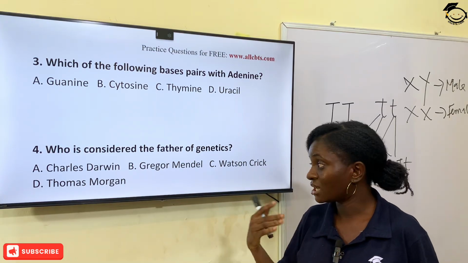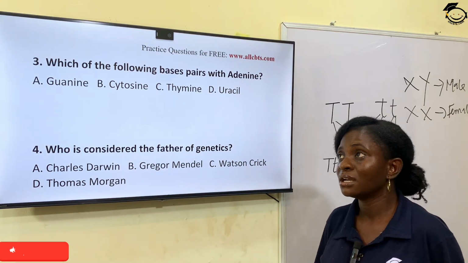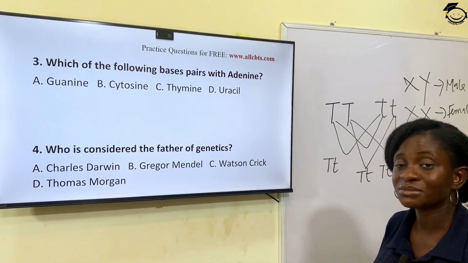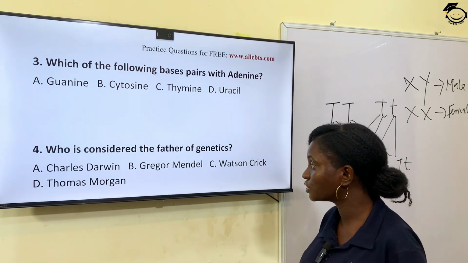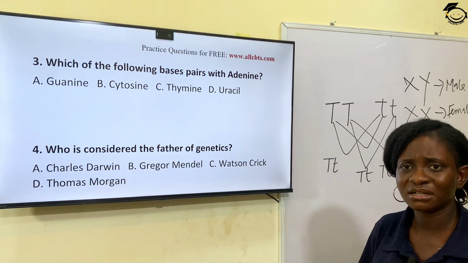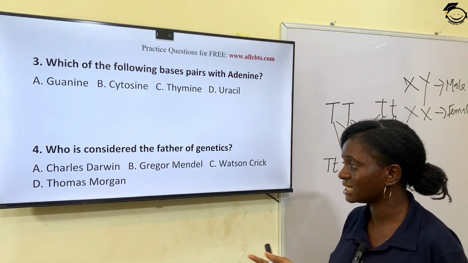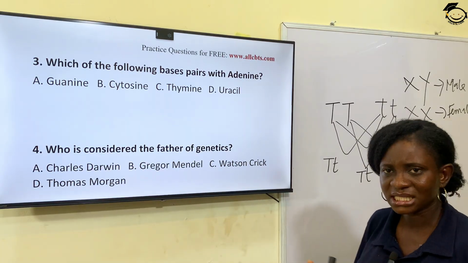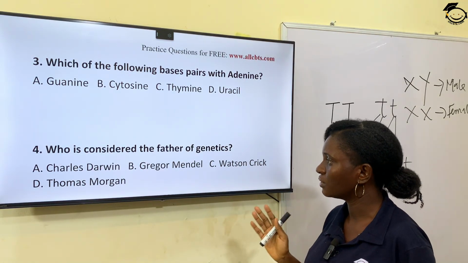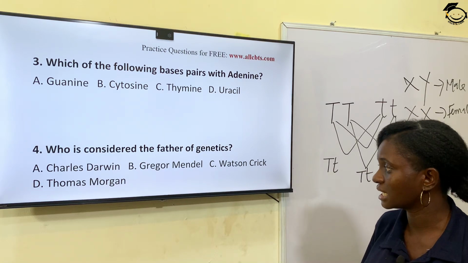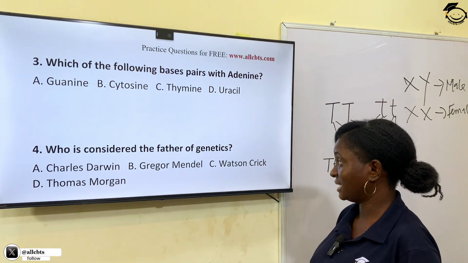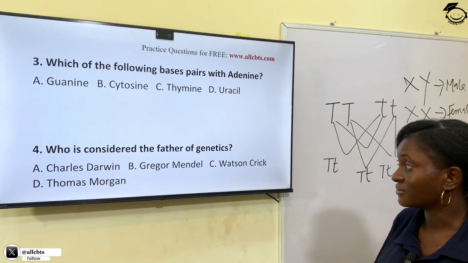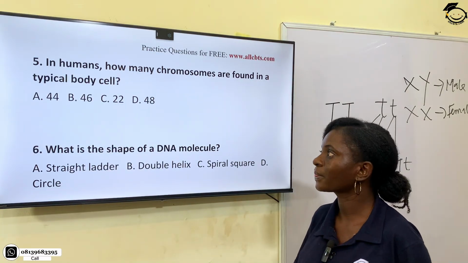So it is not Charles Darwin, because Charles Darwin did something related to the theory of evolution. Watson and Crick are the ones that discovered DNA, while Thomas Morgan still worked on genetics, but the focus for this question is Gregor Mendel. So Gregor Mendel is the father of genetics.